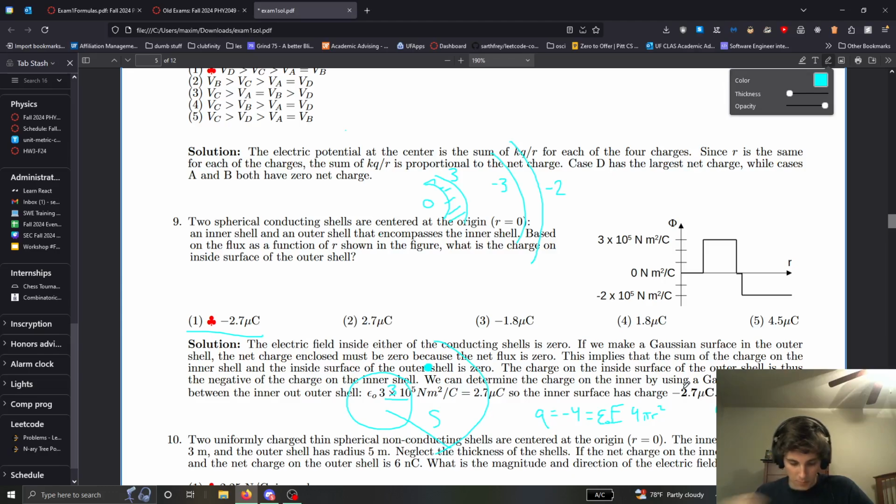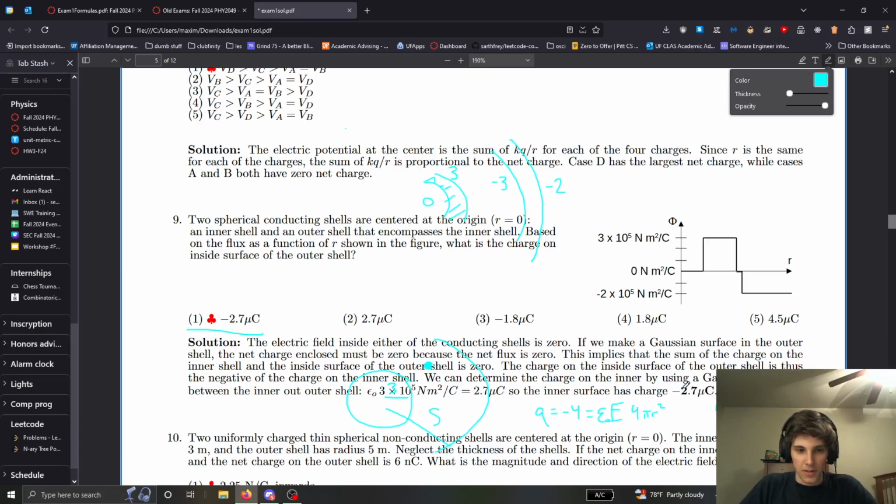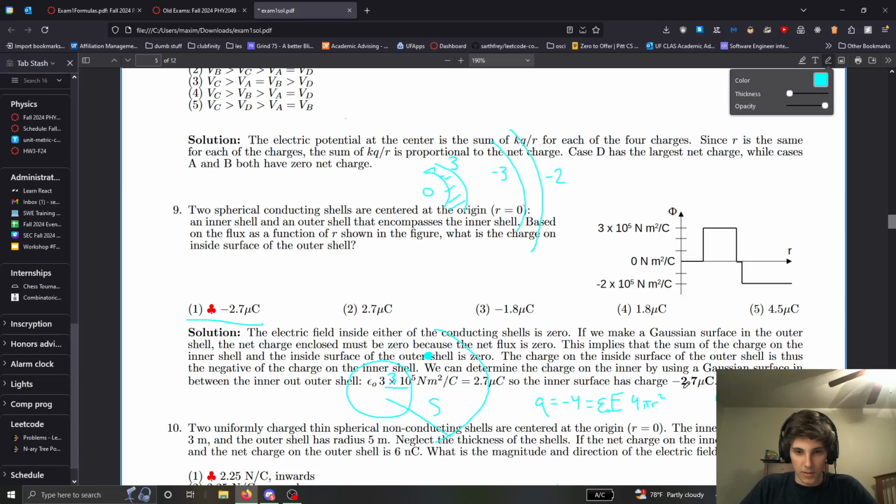Basically, let's plug that into the calculator. We're trying to solve for E here. So we go -4 divided by 4, divided by 8.85, divided by pi, divided by 9, and we get something that is wrong, because this r is actually the magnitude of the r at the Gaussian surface.